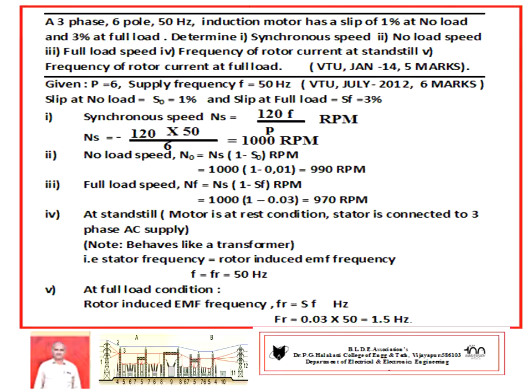Slip at no load is 1%, sir, 0.01. So we are getting 990 rpm. Understand? Please understand. Then similarly we can go for full load speed Nf. Nf equal to, Sf changes. Nf equal to Ns into 1 minus Sf. Ns remains the same, 1000 rpm, 1 minus 0.03, Sf value, 3% is given. Fractional value of slip is 0.03, sir, 970 rpm.